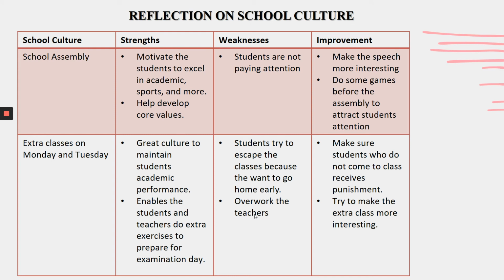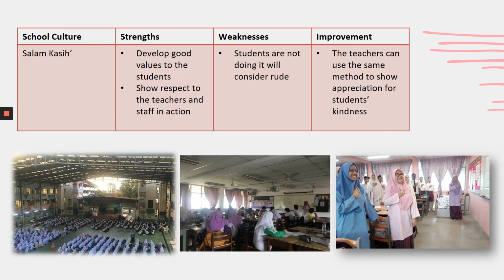For the weakness, I noticed that students try to escape the classes because they want to go home early, and the school will overwork the teachers. Suggestion for improvement: the school can make sure the students who do not come to class receive punishment. Try to make the class more interesting.